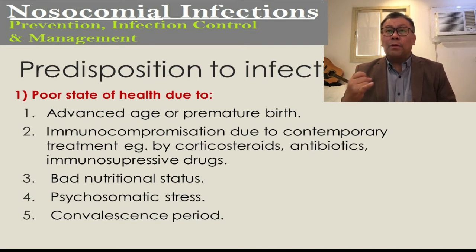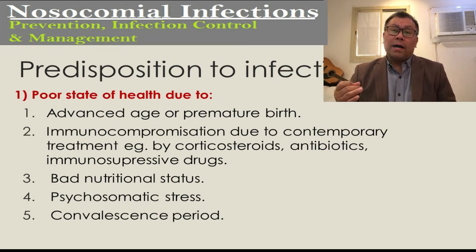We have immunocompromise due to temporary treatment. The example for this one is the cancer patient. Somehow they're receiving chemotherapy, corticosteroids, antibiotics, or any immunosuppressive drugs. That's why the resistance is reduced or lowered. They are susceptible to any infections.